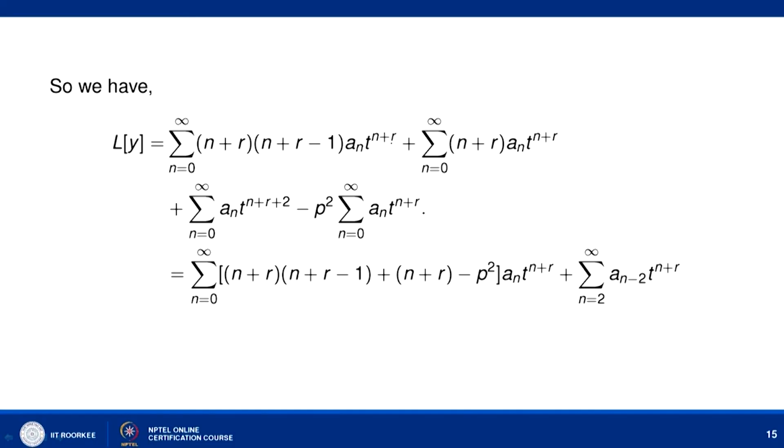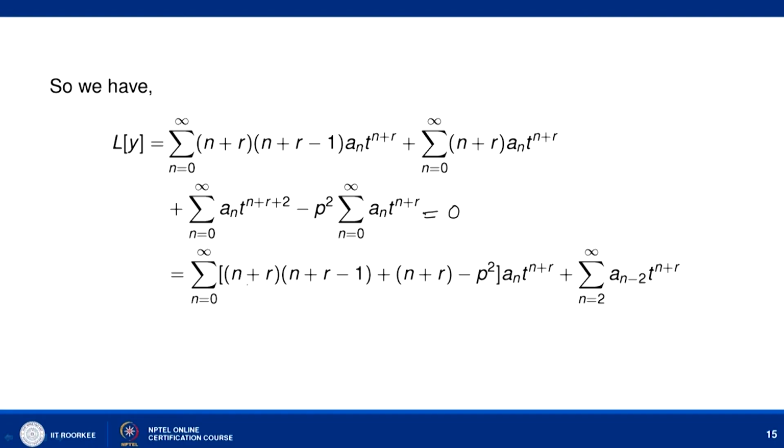So we can write Ly as summation n equal to 0 to infinity (n plus r)(n plus r minus 1) a n t to power n plus r, plus summation n equal to 0 to infinity (n plus r) a n t to power n plus r, this corresponding to p(t) y dash, and here it is q(t) y, that is summation n equal to 0 to infinity a n t to power n plus r plus 2 minus p square summation n equal to 0 to infinity a n t to power n plus r, and that is equal to 0 here. So here we just collect the terms of t to power n plus r and t to power n plus r plus 2.